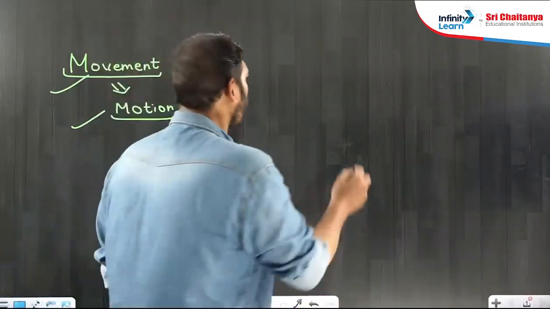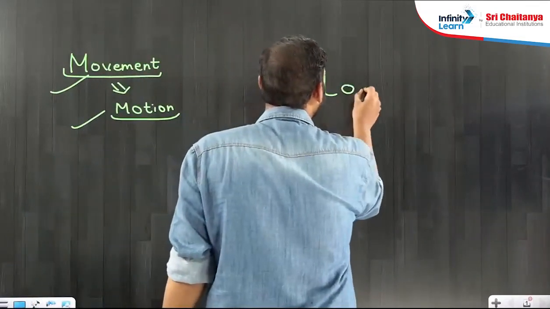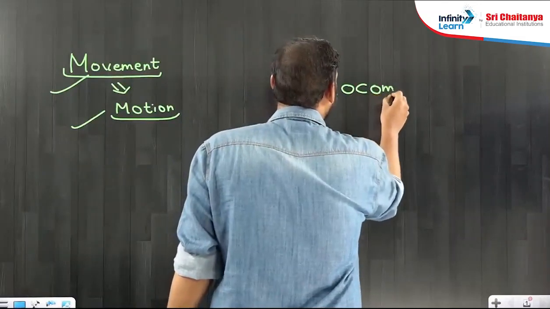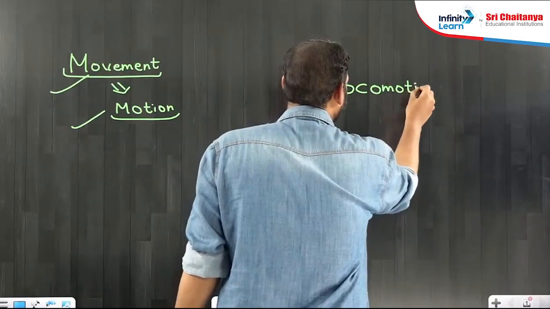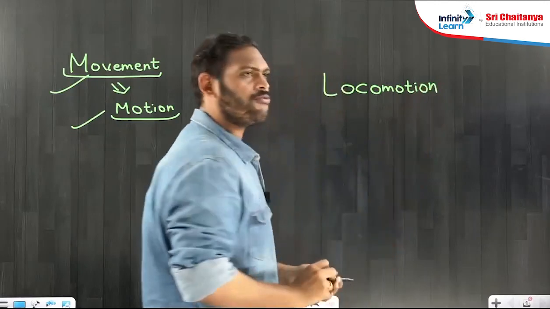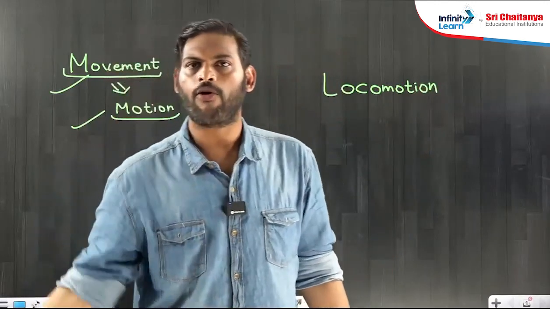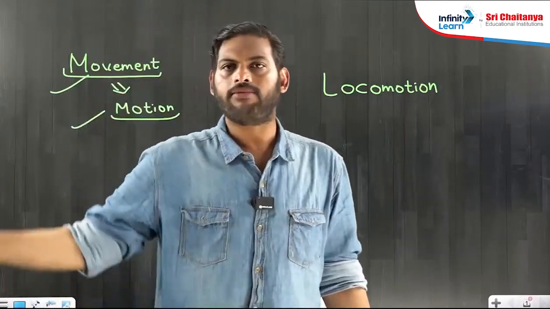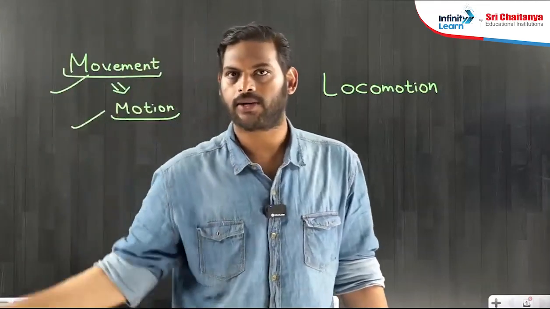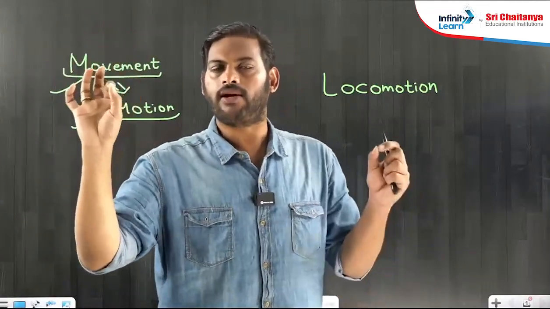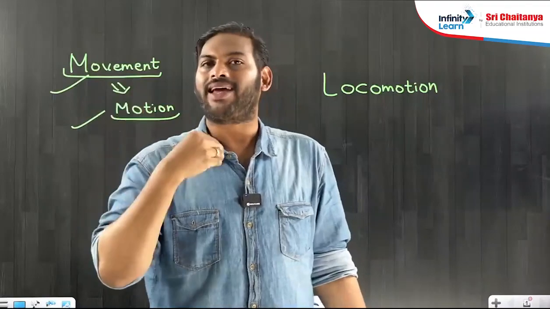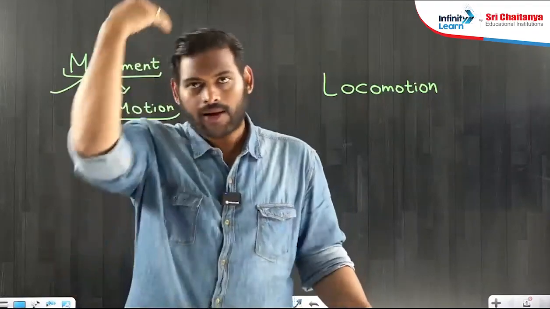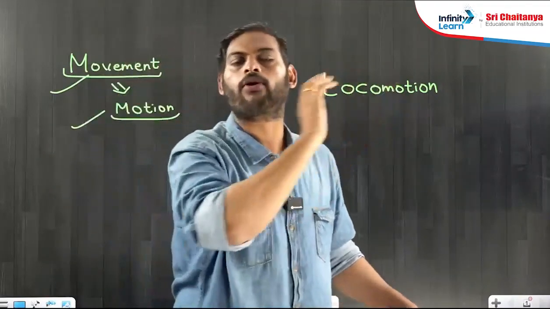Then how do you understand the term locomotion? What do you know about this? If I'm waving my forelimb hands, I'm just moving my hands. But this hand movement does not ensure any change in displacement of the whole body.